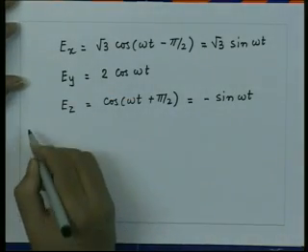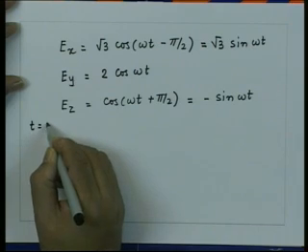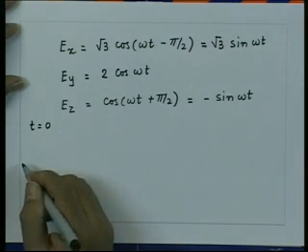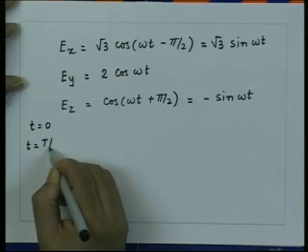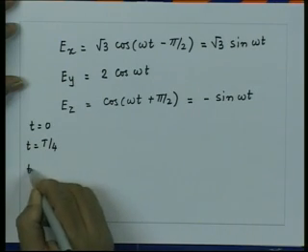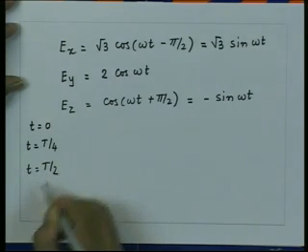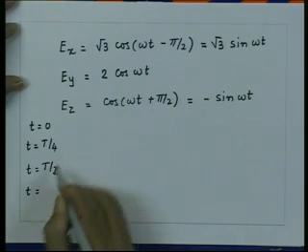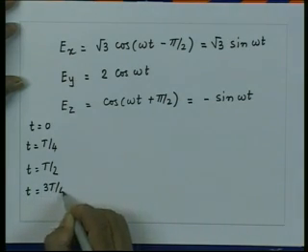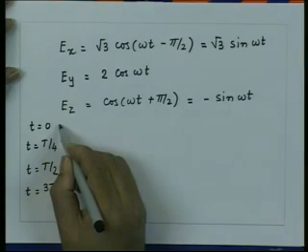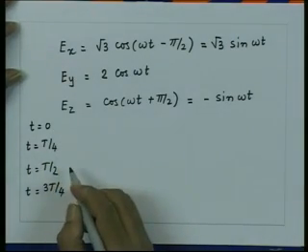Let us consider the times t equal to 0, quarter period T by 4, t equal to T by 2, t equal to 3T by 4 and so on, and find the magnitude of the electric field.